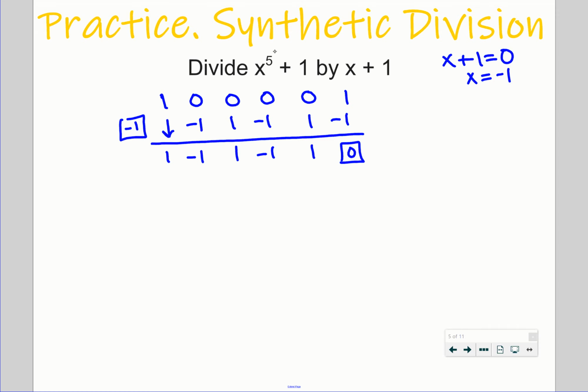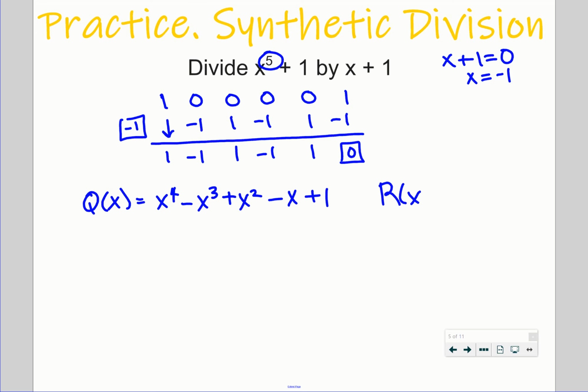So I started out with a degree of 5, which means when I write my quotient, this will begin with a degree of 4. So 1x to the 4th, and if you want to put the 1s in there, that's fine, minus 1x to the 3rd, plus 1x squared, minus 1x plus 1, and my remainder here is equal to 0, which tells me that x plus 1 divides in evenly.